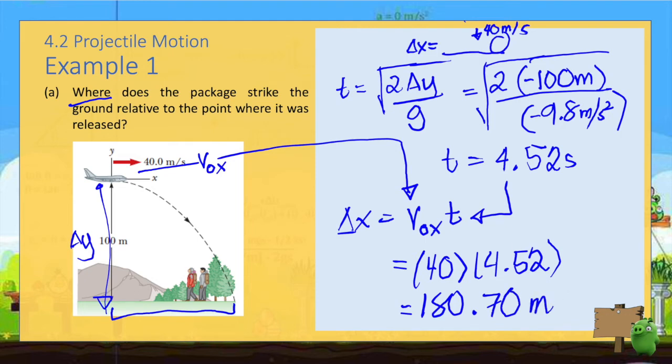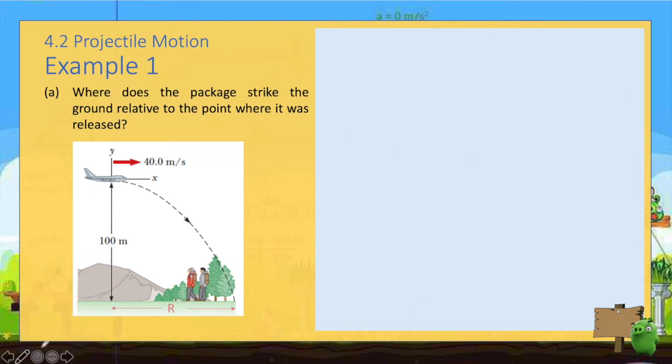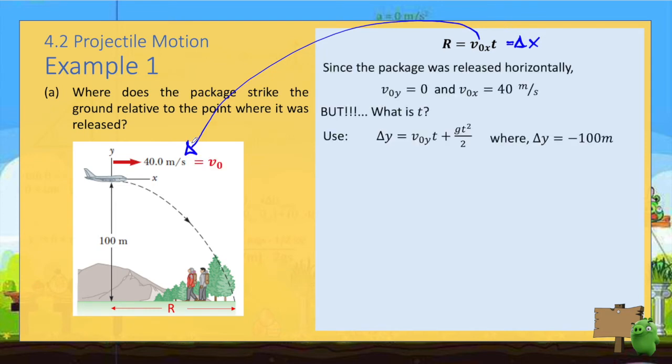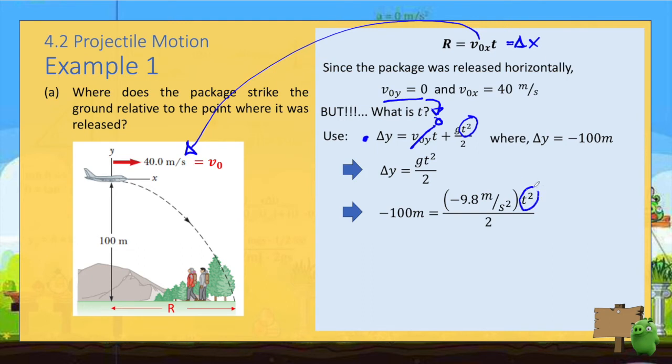Now, you can also use these formulas if you want to. Again, the range or the change in x is this formula. We have 40, but we don't really know the time, so we have to compute for the time. We can use the formula that we have here in free fall. This is 0 because this is 0. Again, we're looking for the t.